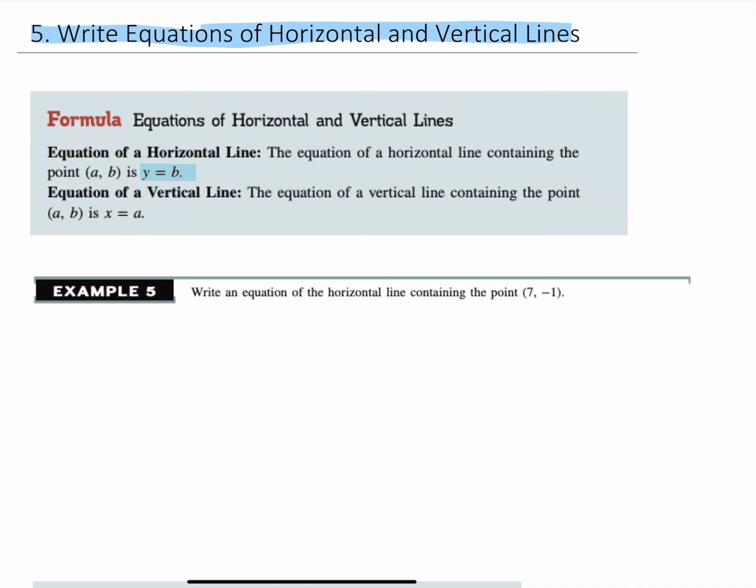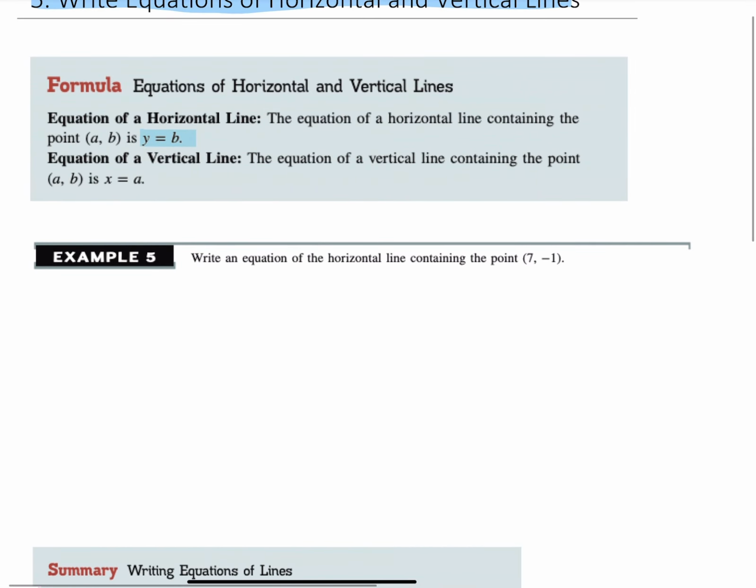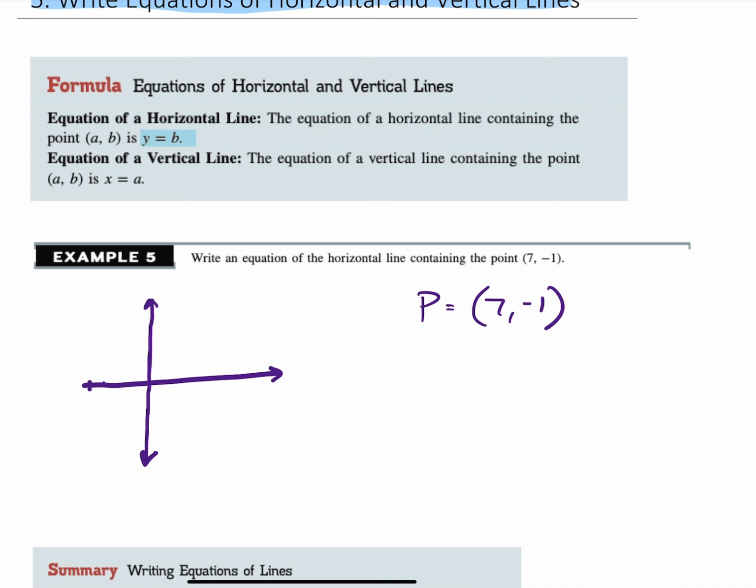So let's think about how this can make sense. Well, let's just look at this first example. It says write an equation of the horizontal line containing the point 7, comma, -1. Well, if this is a horizontal line, it looks something like this.